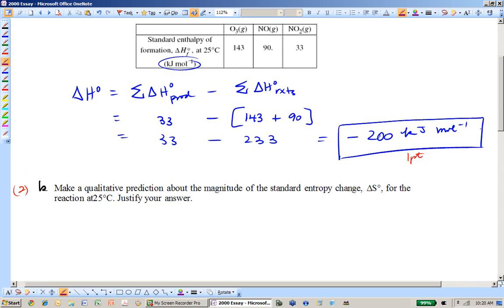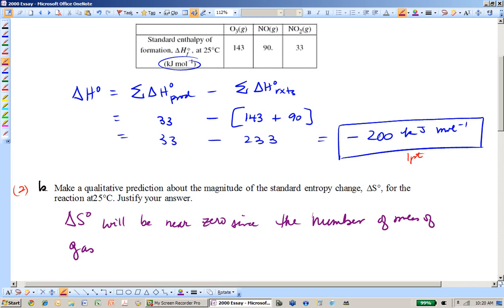And we already did this, but I'll put it down in formal language. Delta S naught will be near zero, since the number of moles of gas on each side of the equation are the same.